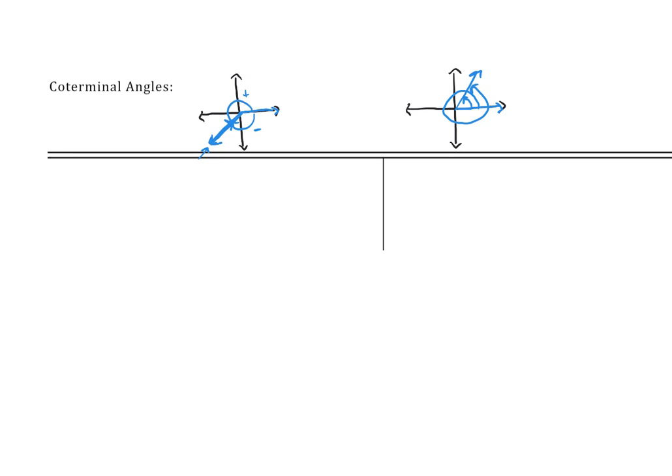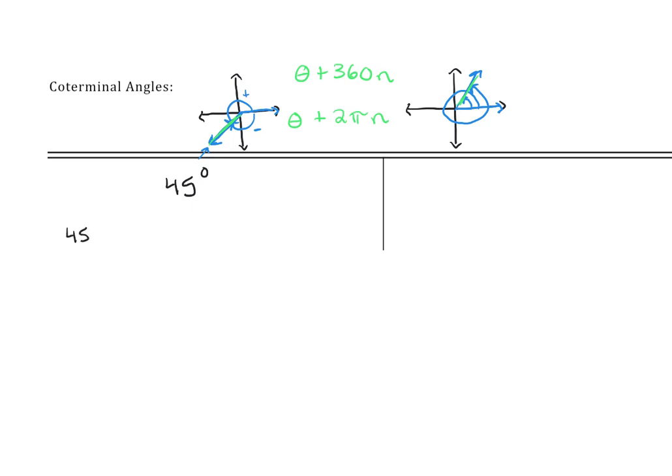So coterminal angles, all it really is, if you take an angle measure, you're going to add or subtract 360. It could be n times. And if we're in radians, 2 pi. And they would share that terminal side of an angle. So real easy, if you have 45 degrees, can you write other angles that would be coterminal?